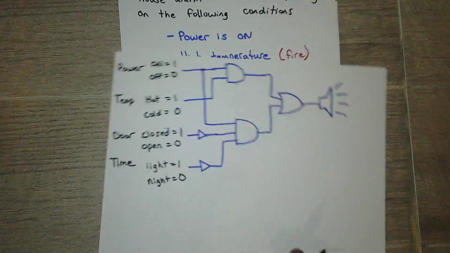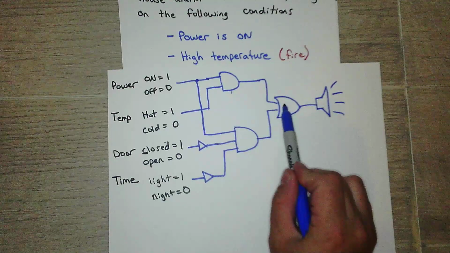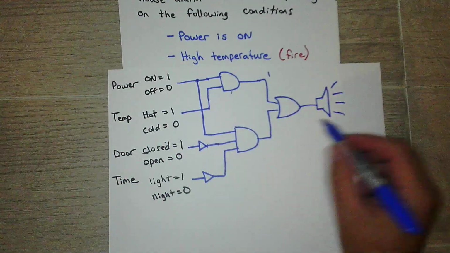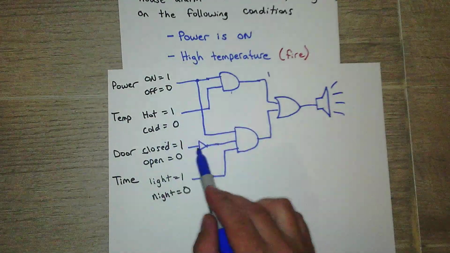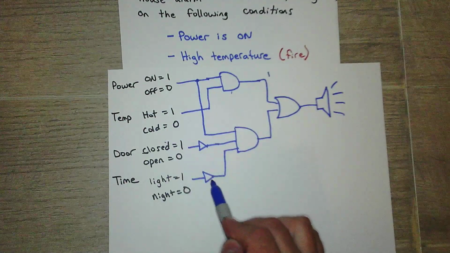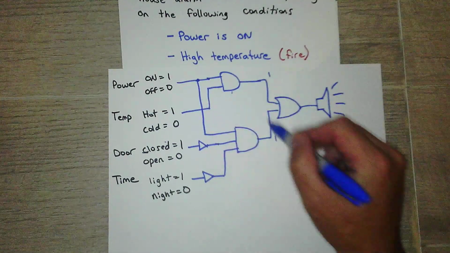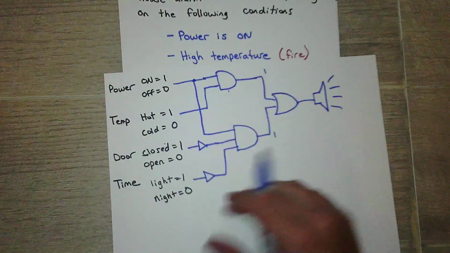So if power is on and the temperature is hot, if that's a 1 here, then the alarm will sound. Or if power is on, the door is not closed, and it is not daytime, this will sound. So as long as either of these passes through as a 1, the alarm's going to sound. So we designed the alarm to handle the conditions.